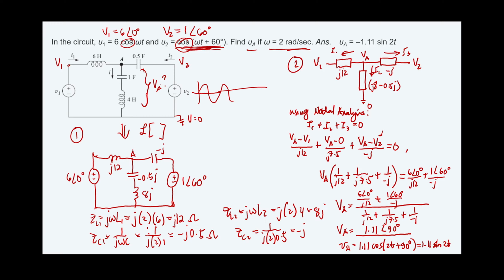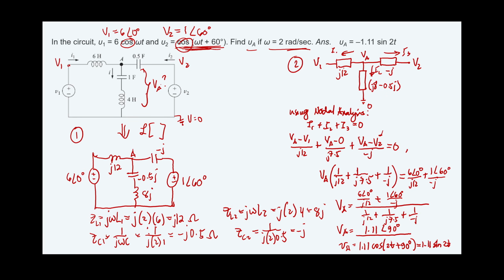Given our techniques in the previous class using nodal or mesh analysis, and then the Laplace transform, and then using the phasor form, it's important to know the physical indication so you can solve more problems.